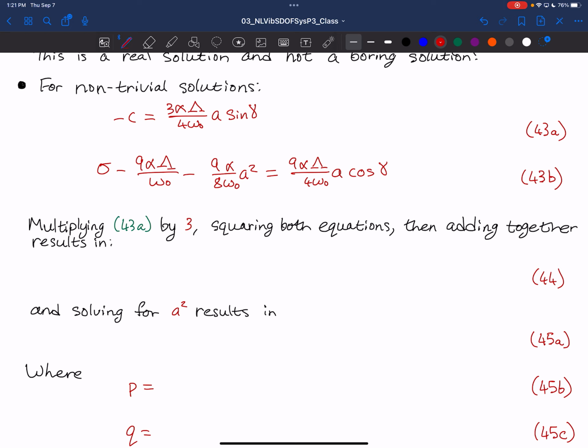So from here, we're going to multiply equation 43a by 3. We're going to then square both equations, and we'll add them together.